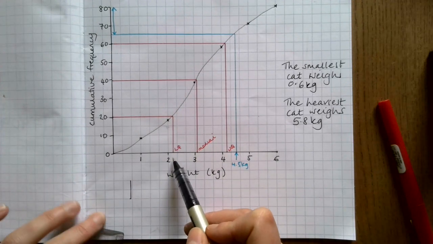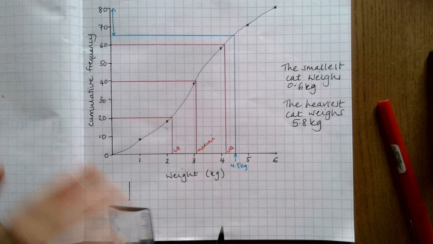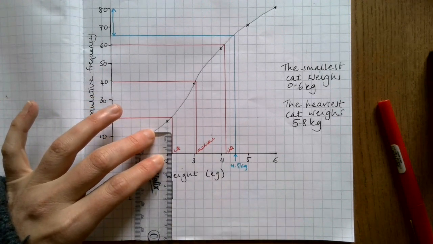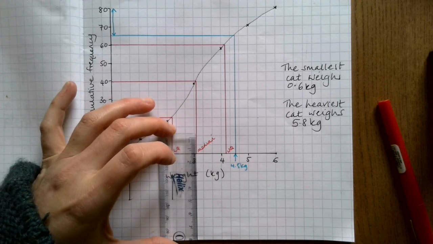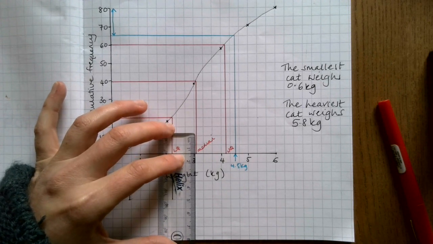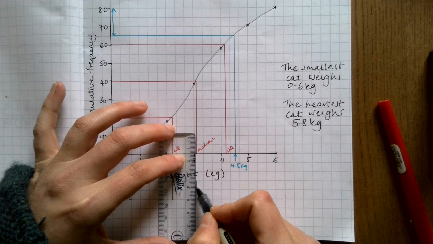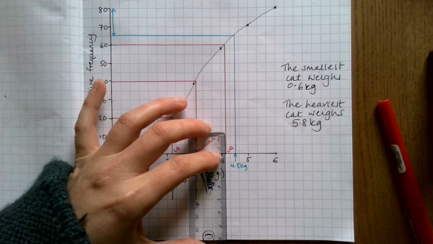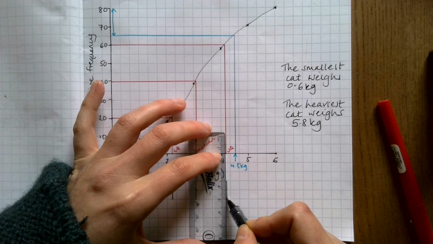The next line is the lower quartile. So that one would be there. The median, so directly below the median, there. The upper quartile, there.